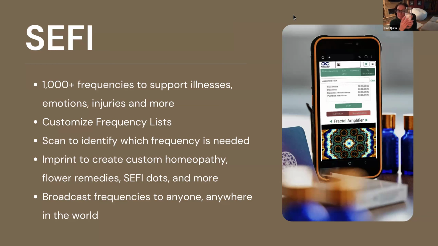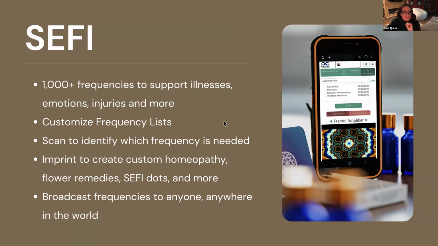This is imprinting something in your bottle. Once I got the machine, we can put this on the machine and imprint whatever Cephi you choose, and we'll show you some of the programs coming up. There are over 1,000 frequencies that you can choose and send at a distance or with the scanner.